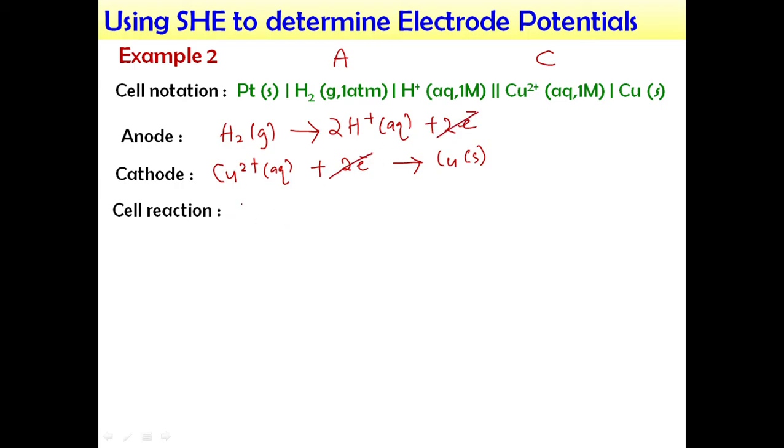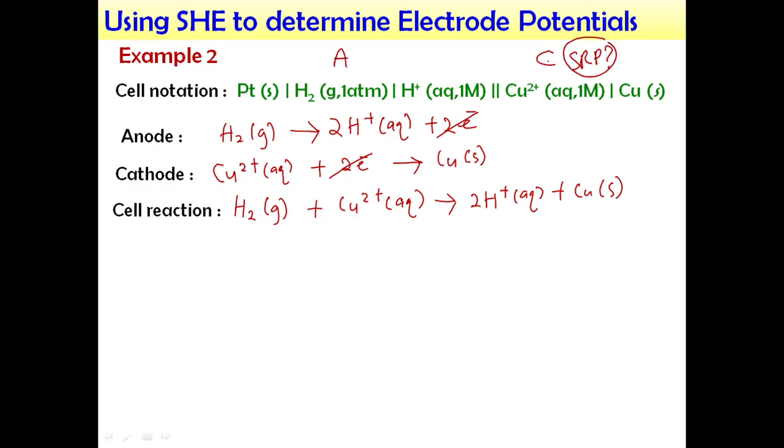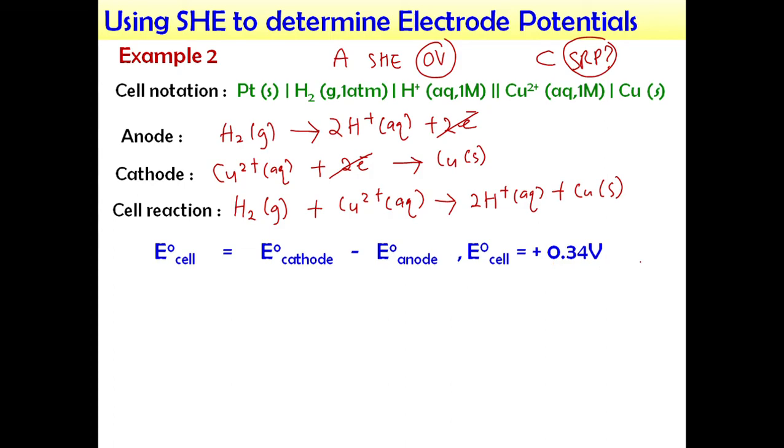The overall cell reaction involve H2 gas plus Cu2+ aqueous produce 2H+ aqueous plus copper solid. So, I want to determine what is the SRP value for copper at cathode. Bila saya tahu SHE value, SRP untuk SHE adalah 0 volt. So, again, by using this formula, and we know that the E0 cell is 0.34. So, kita terus substitute ke dalam formula.